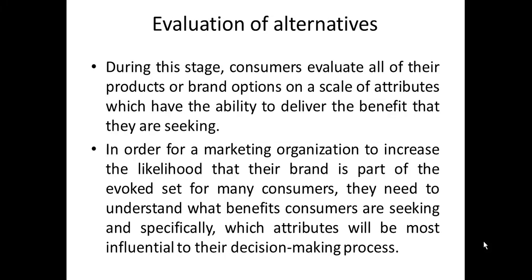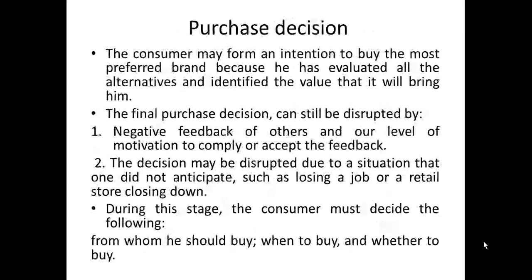Alright, that is well and good. However, the final decision can still be interfered with. Right? You've decided to buy, maybe you've decided to buy compact laptops, but because of the information you got from your friends or your group members or your family, you can be derailed from that.